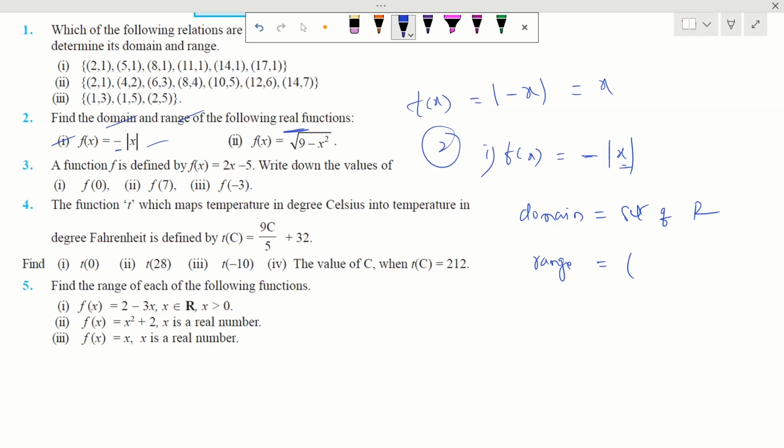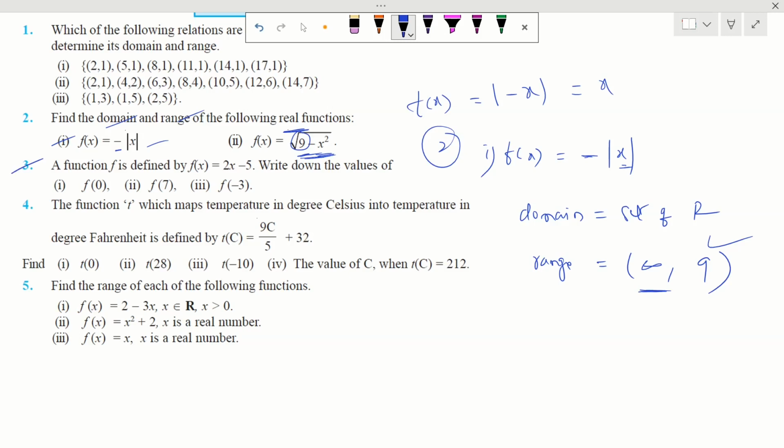When we put x equal to 0, we get the maximum value of 0. So the range is from minus infinity to 0. The end value we know, the starting value we don't know, so the range is minus infinity to 0.